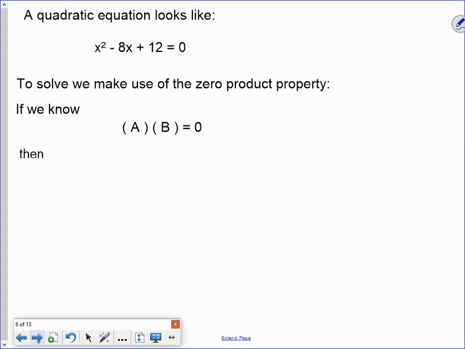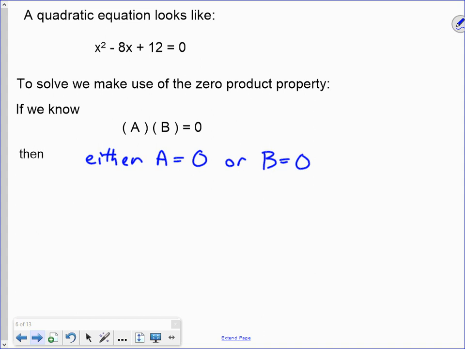And to solve these things, we are always making use of what is called the zero product property. And that is the fact that if we take something and we multiply it by 0, we're going to end up with 0. So if a times b is equal to 0, then either a is equal to 0 or b is equal to 0.